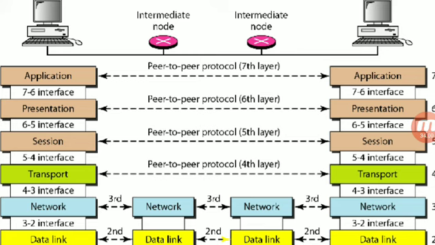Device A will agree that this is the protocol of the application layer, and you must agree with the protocol of the application layer of device B. When both are matched, only then will the communication take place. This we call peer-to-peer communication.